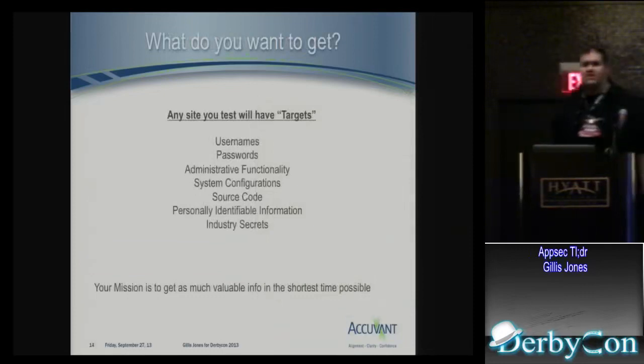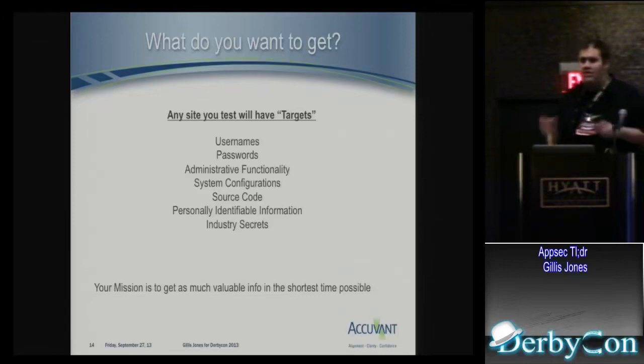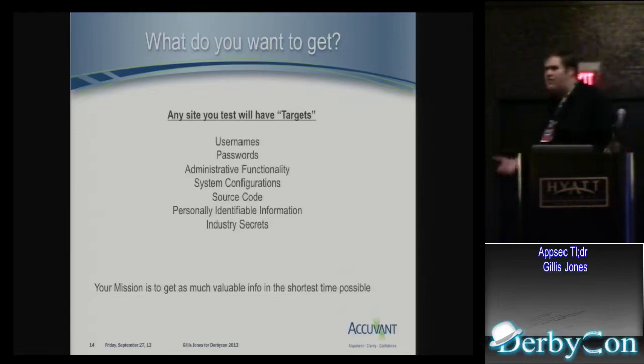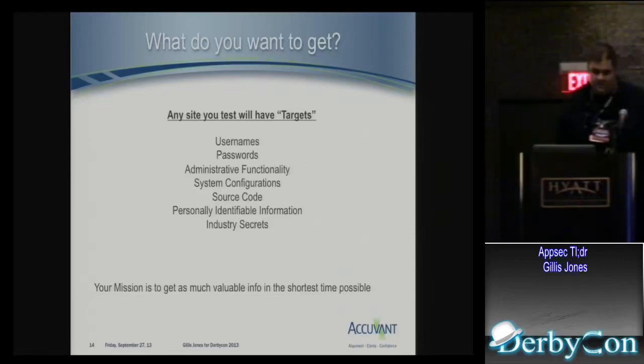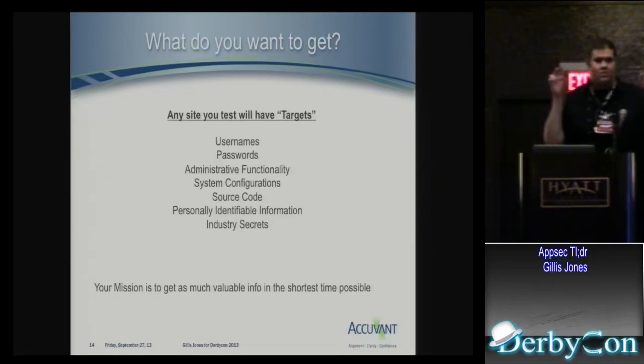So when you're attacking a site, what do you want? Now, a lot of people talk about hacking sites and, oh, I'm going to own you or whatever, but typically you're looking for the most volatile information that you can get. Usernames, passwords, financial data, things that you're not supposed to see. A big one is source code, and that's what a lot of the quote-unquote APT is focusing on.